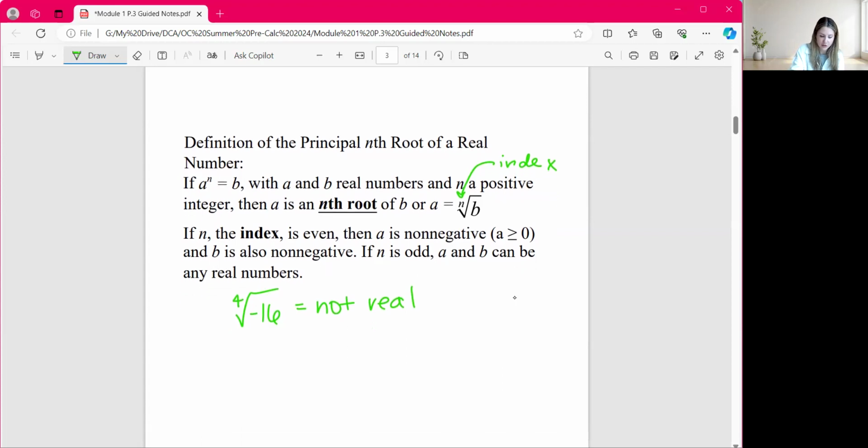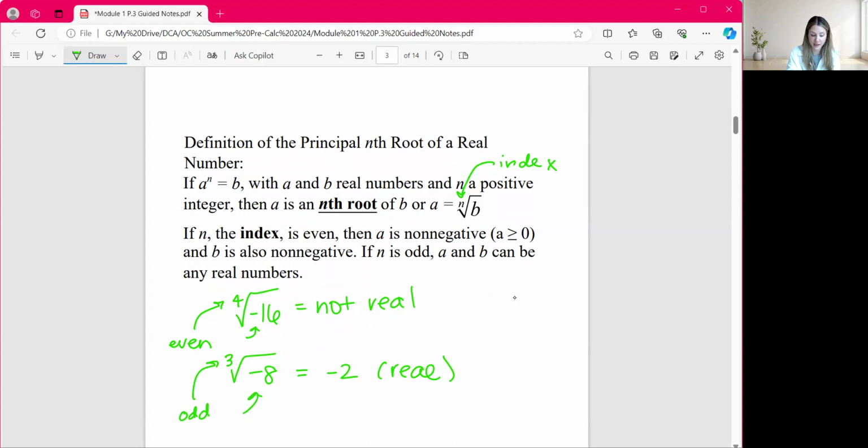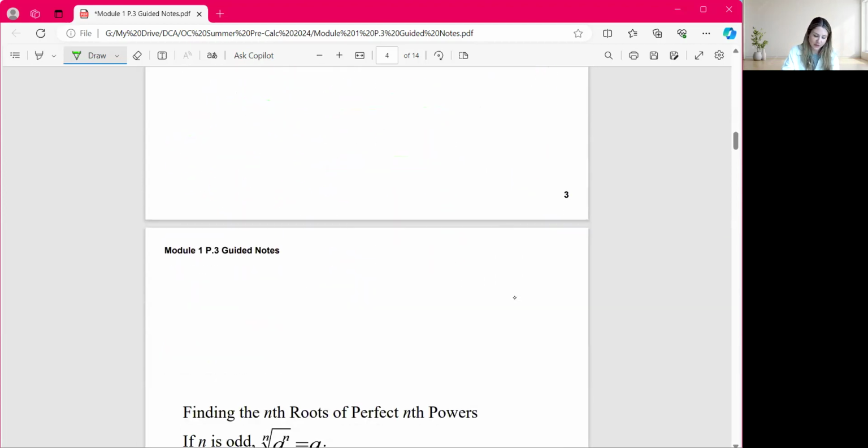For example, the cube root of negative 8 is negative 2, which is real. Okay, so just a little review. If we have even indexes and a negative under the root, we're going to get an imaginary number and not a real number. If I get an odd index and a negative under my radical, I can get a real number.